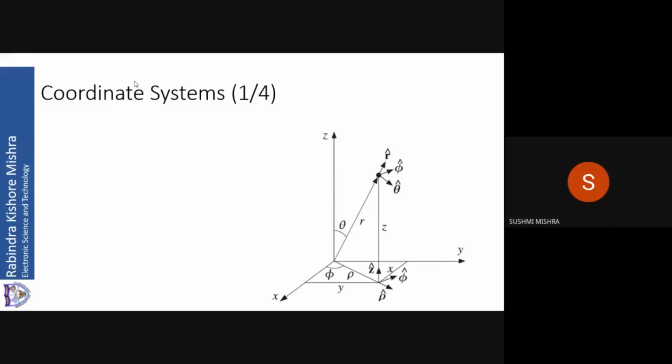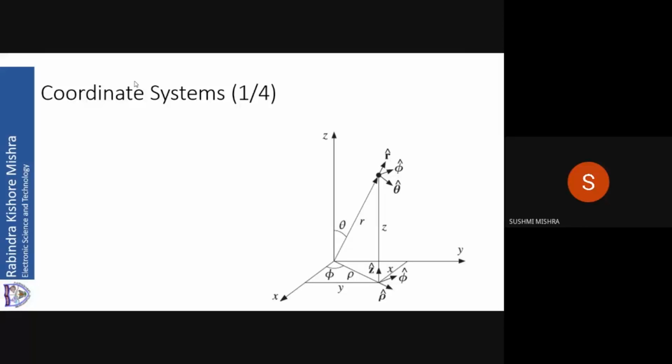This picture shows three coordinate systems packed into one figure. You have x, y, z, which is the Cartesian coordinate system. You also have rho, phi, z, which is the cylindrical coordinate system. Then we have r, theta, phi, which is the spherical coordinate system.